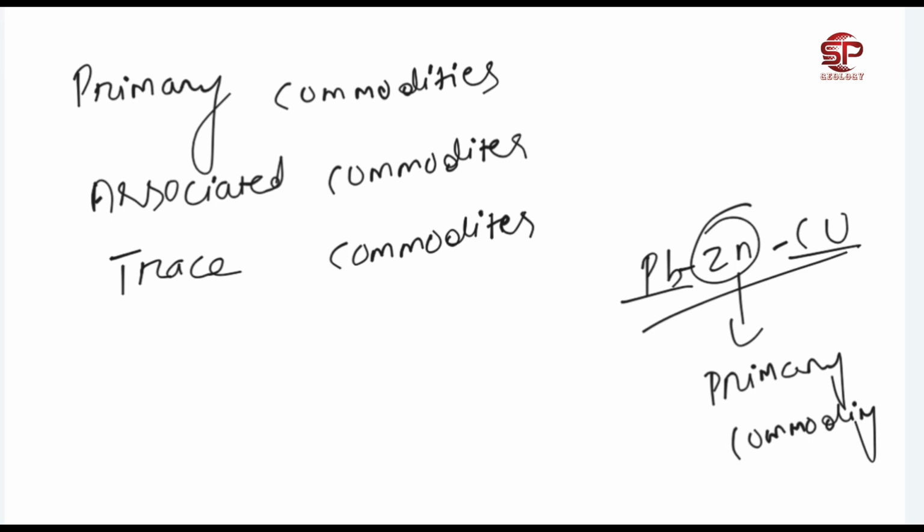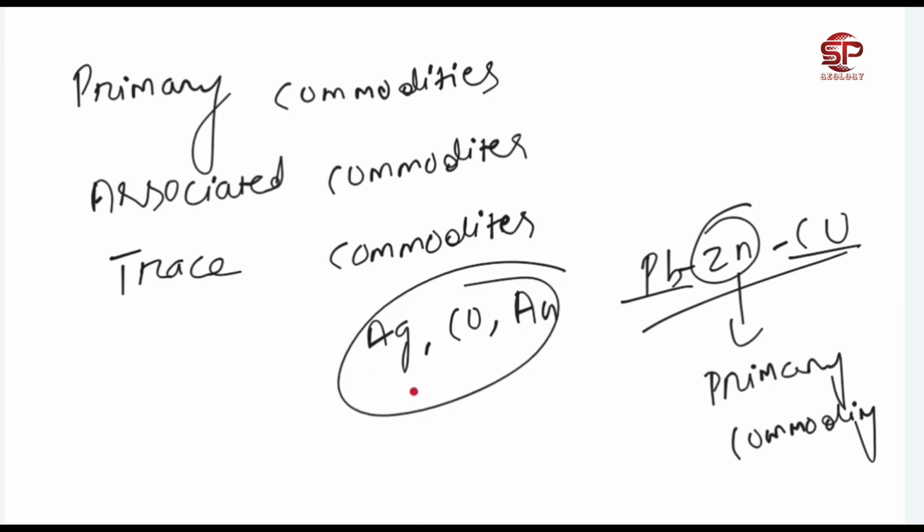During processing you also find silver, cobalt, sometimes gold, as byproduct or associated commodities. So during processing of Pb, copper or Zn, you will find Ag, copper, Au. Those are trace commodities.